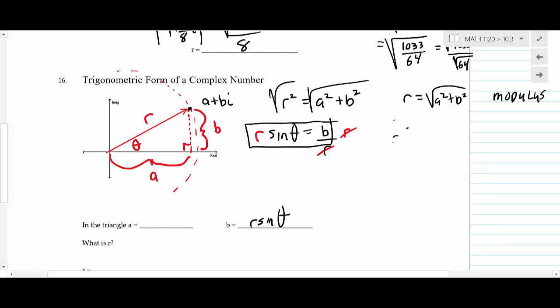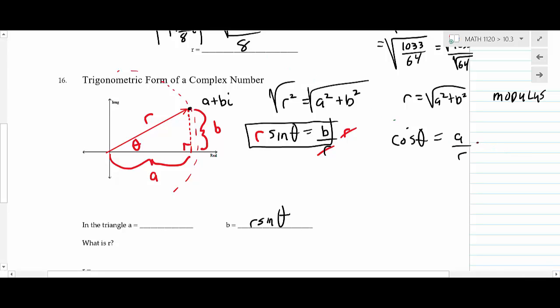All right, next thing I'm going to do is cosine of theta. Tell me what cosine of theta is in this diagram. That over that, right? It's like side adjacent over hypotenuse, or x over r if you prefer to look at it that way. So let's write down what that is. That's going to be a over r, and then we do the same thing.